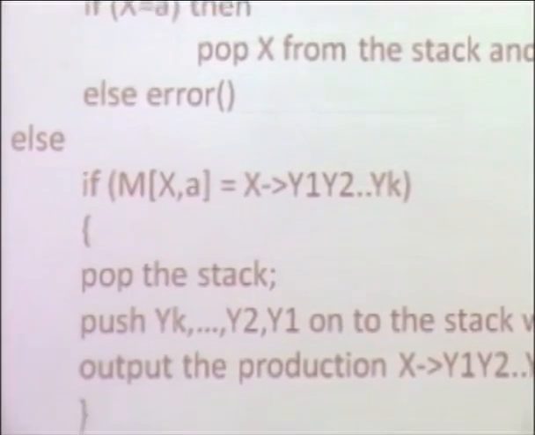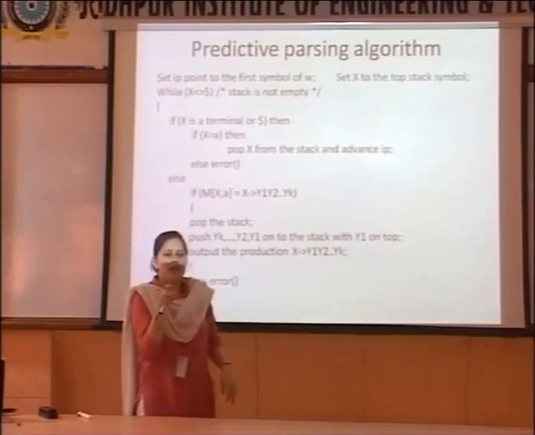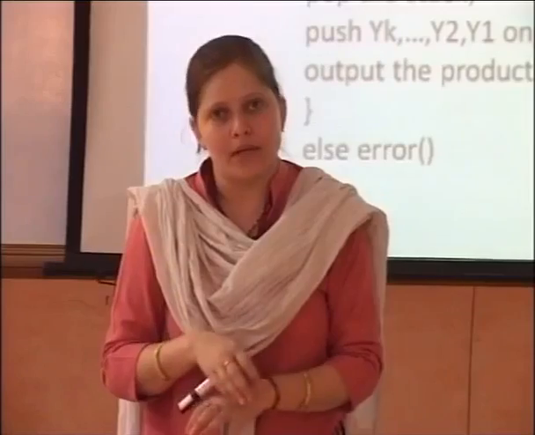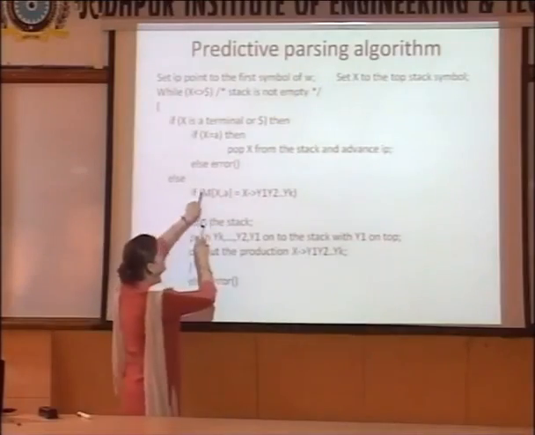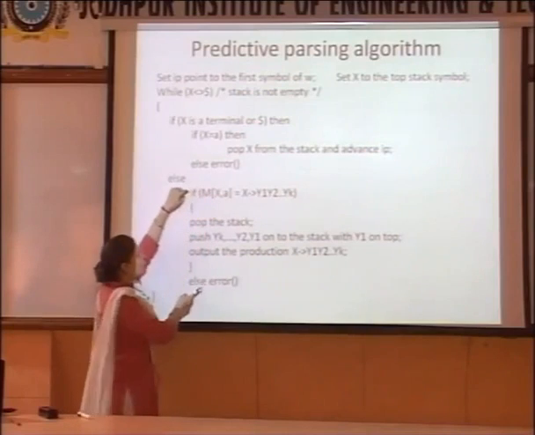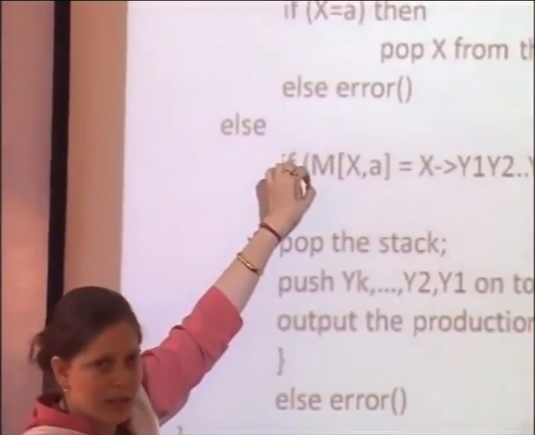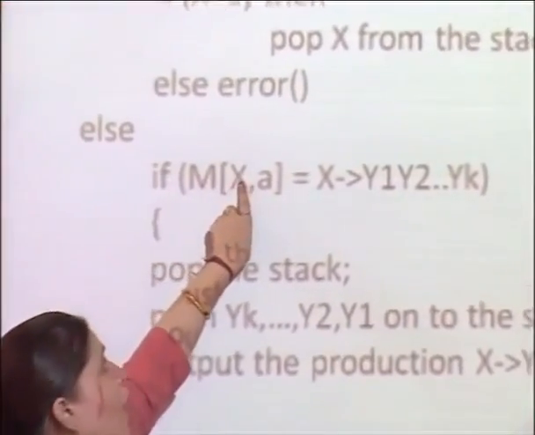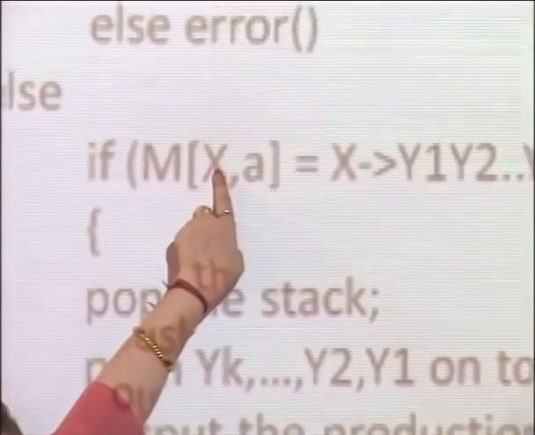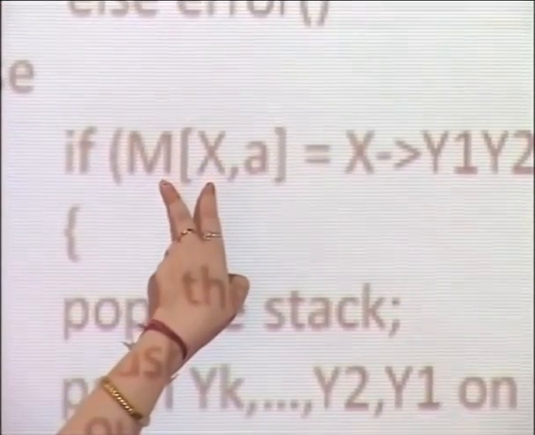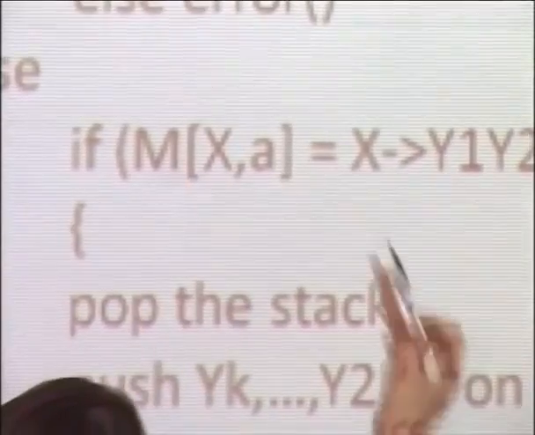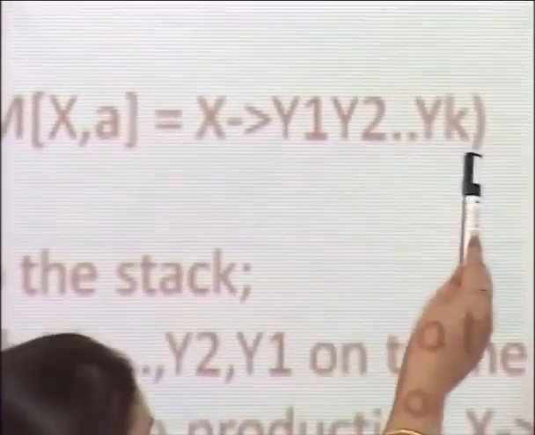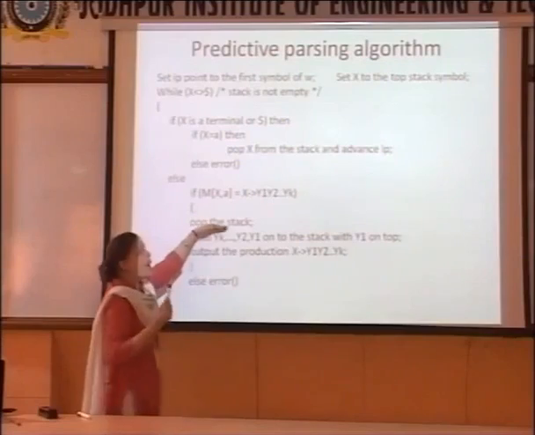Next part, suppose on the top of the stack it is not a terminal symbol, that means it is lying with a non-terminal symbol. If we receive a non-terminal symbol, the program logic will move towards the parsing table. We apply a condition: if for this particular non-terminal symbol in the parsing table we have a production say as X to Y1, Y2 up to Yk, we will pop the stack.